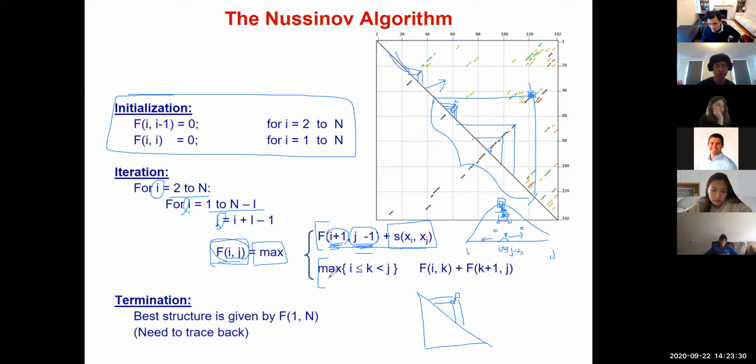Another option is to break up my sequence into 2 parts, into 2 substructures. One is to the left after k characters, and the other is to the right after k characters. So every time I'm here, I can choose one of 2 options.